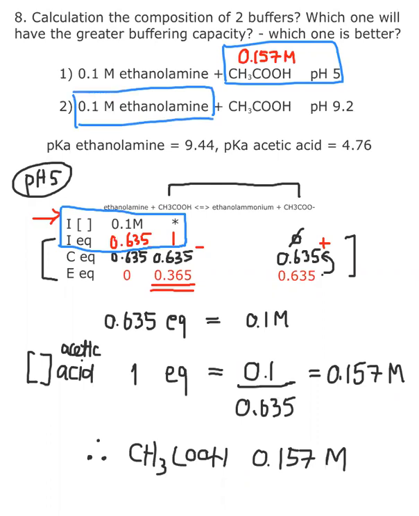And since we only have 0.1 molar of ethanolamine, at this point you can say that the buffer number one here might be better because the concentration of the buffer system, acetic acid in this case, is higher than the 0.1 ethanolamine of the second buffer.